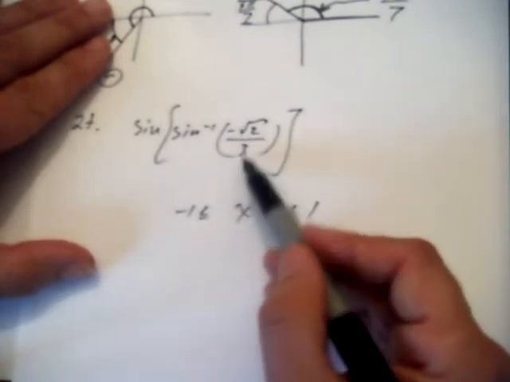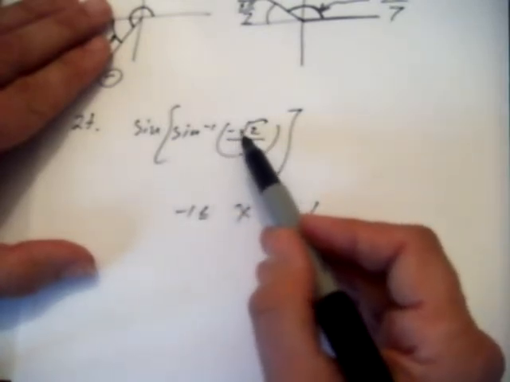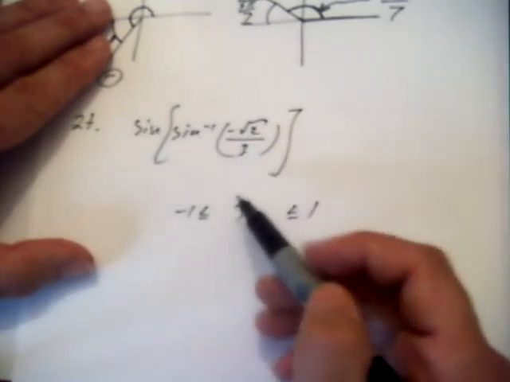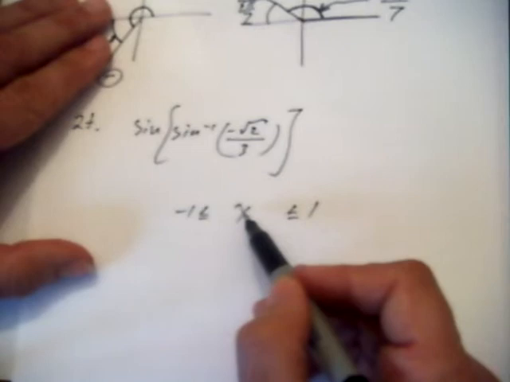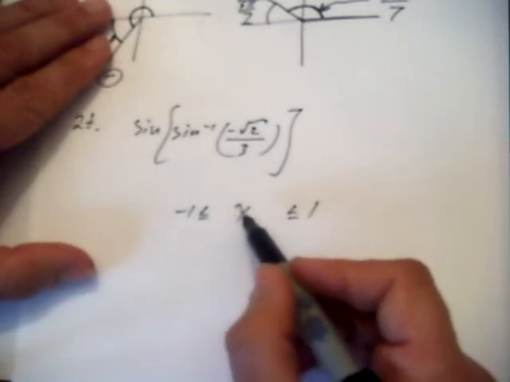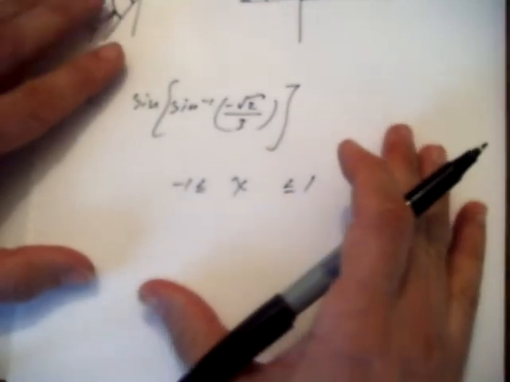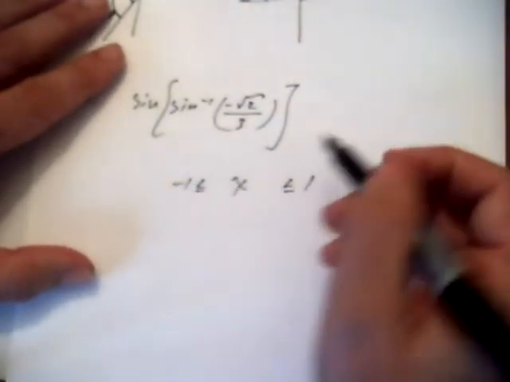If you think about it, negative square root of 2 is less than 2 when you divide it by 3. Therefore, this will be less than 1, and greater than negative 1.